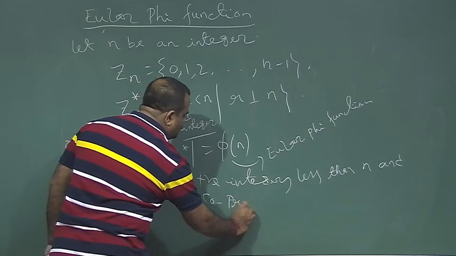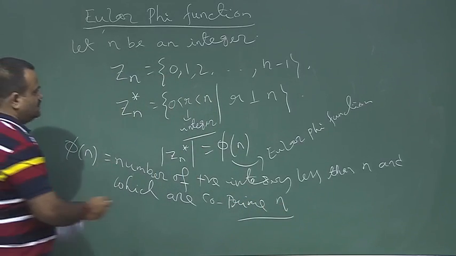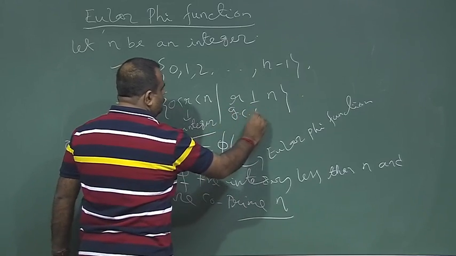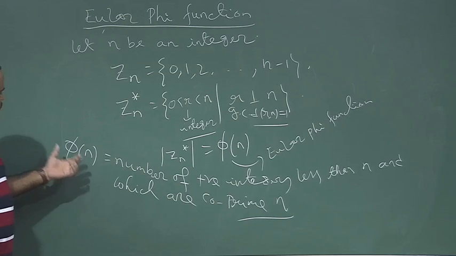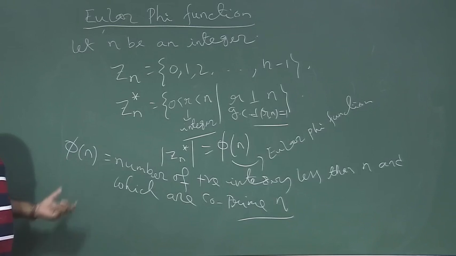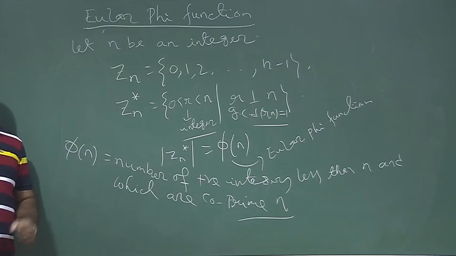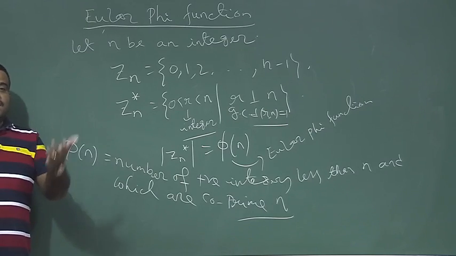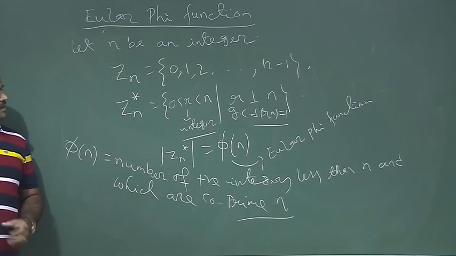That means those integers whose GCD of r and n is 1. So, that number is called Euler Phi function. Okay. So, Euler Phi function phi of n is just the number of positive integers which are less than n and which are coprime to n. So, that means under Zn, under modulo n, these elements have an inverse.